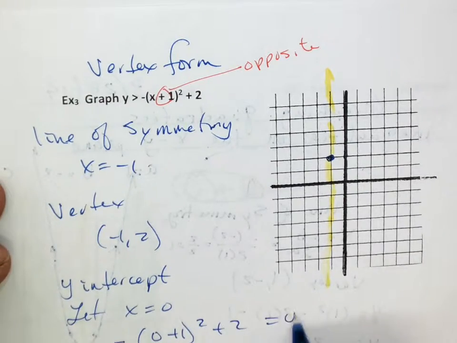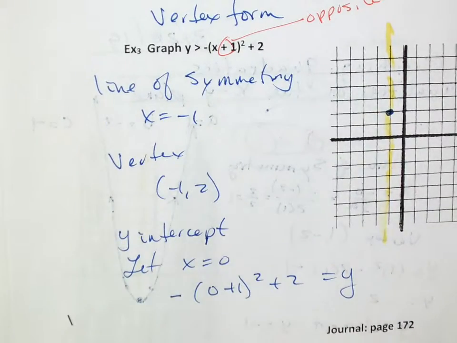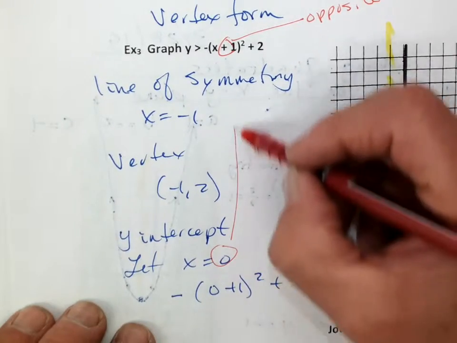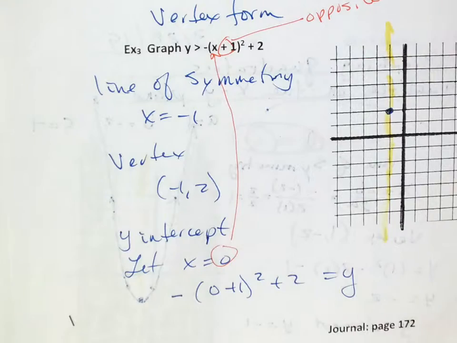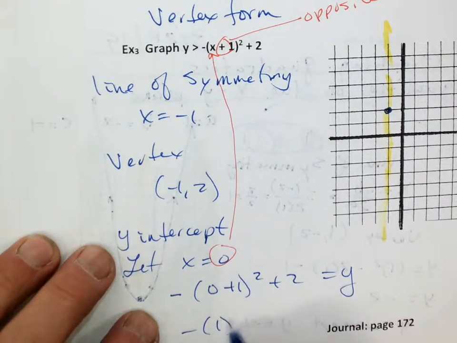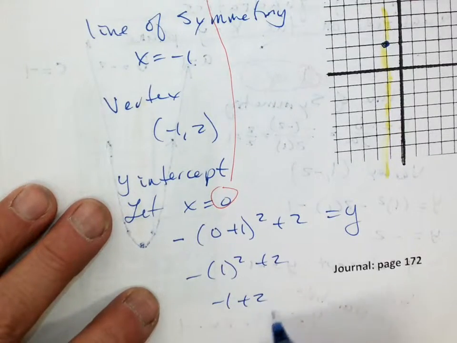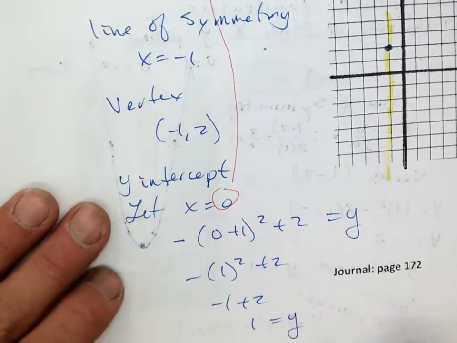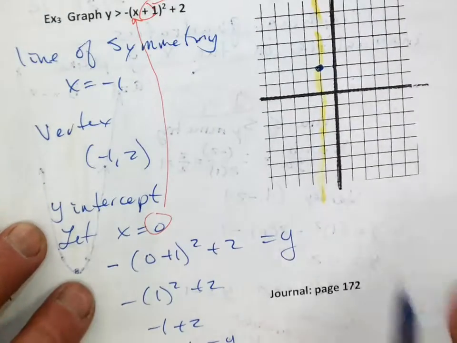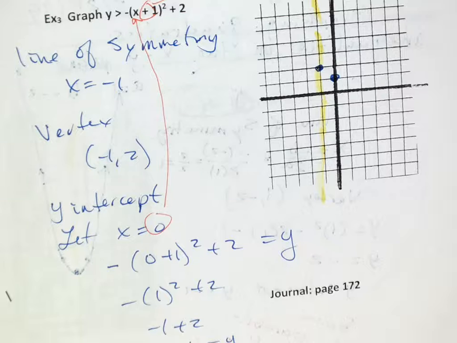All I'm doing is putting 0 in for x. I can do that math. I get 1 squared plus 2, which is 3... I get negative 1 plus 2, which is 1. So my y-intercept is at 1.